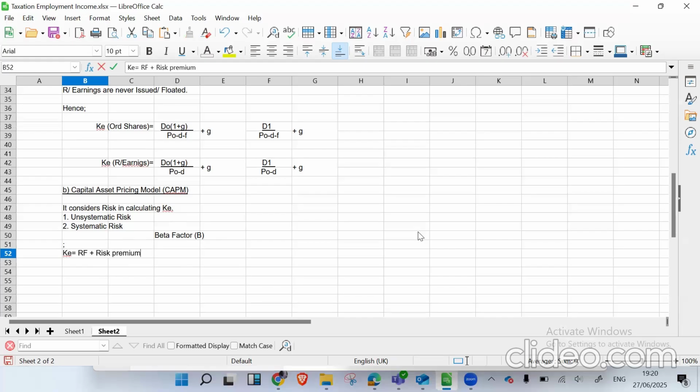And this risk premium, you multiply by the beta factor. RF plus the risk premium multiplied by the beta factor.